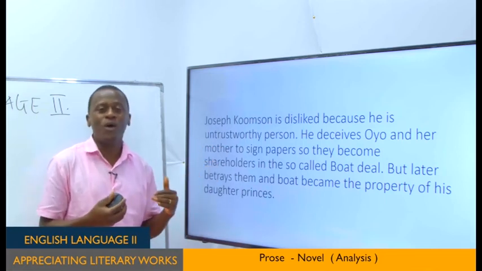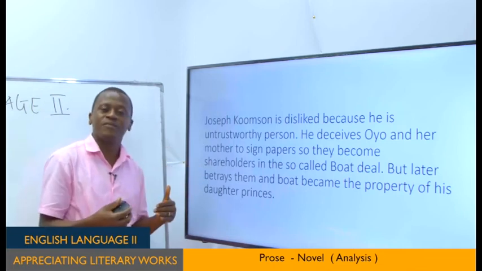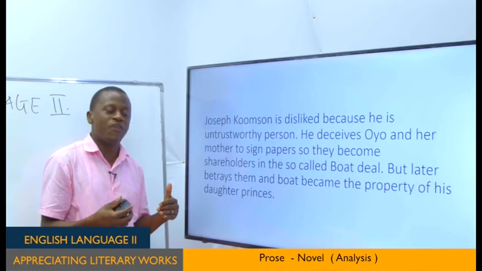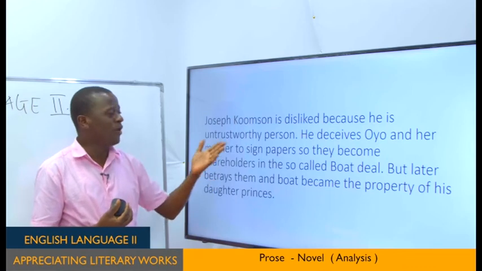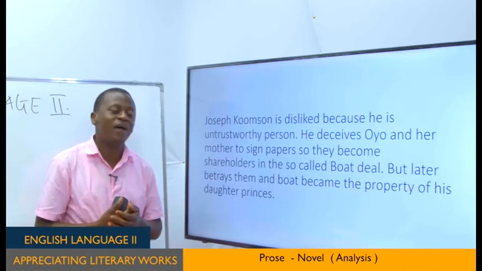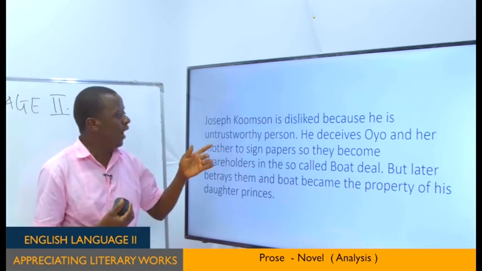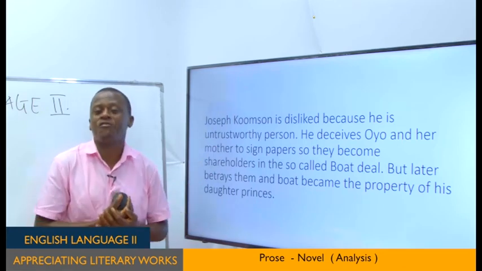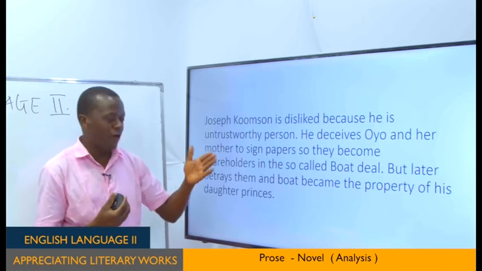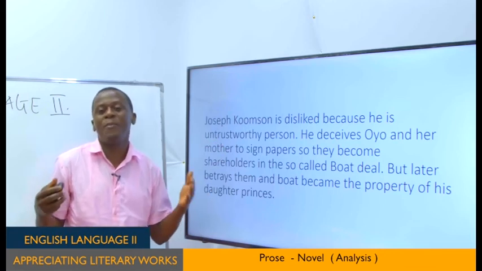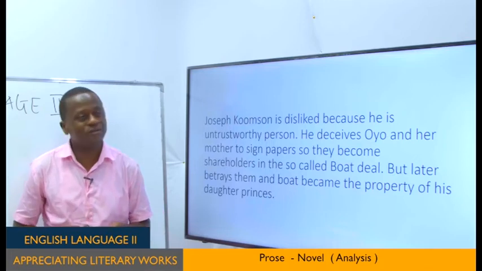But later on, when that thing materializes, such people are ignored. Now, such behavior, again, has to be stopped. People should live a trustworthy life and not otherwise. Living a trustworthy life will make the world a better place. Dear students, let us move to the next point.